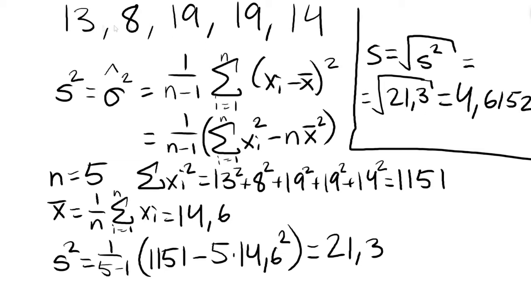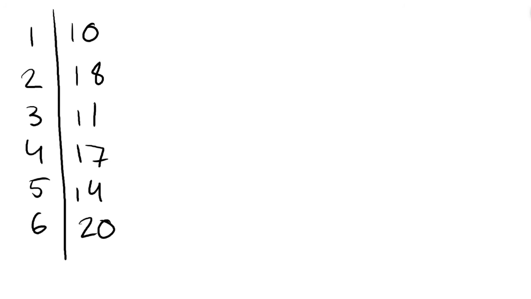So we could say that this dataset varies around 4.6 between the numbers, which seems quite reasonable. We have a few quite small numbers and then a few quite large numbers, so this 4.6 seems to capture how much this varies pretty well. So here we have another example.